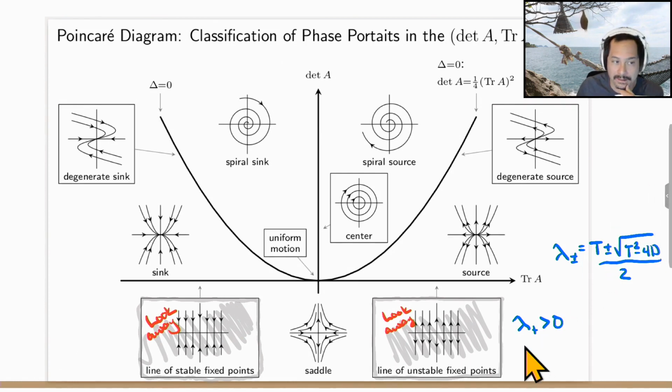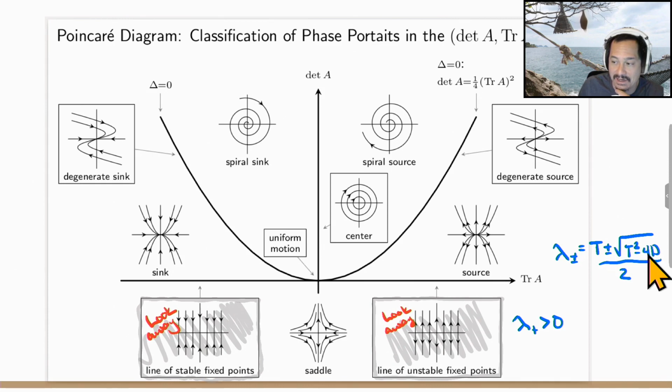It's going to be bigger, right? So now I take the square root of a number that's bigger than trace squared. What sort of number am I going to get? Is it going to be bigger than t or less than t? It's going to be greater than my trace.